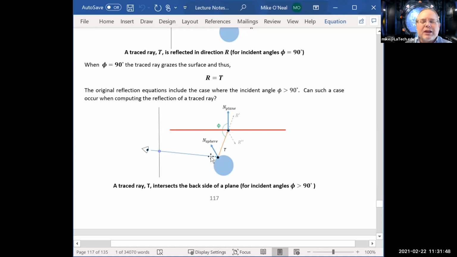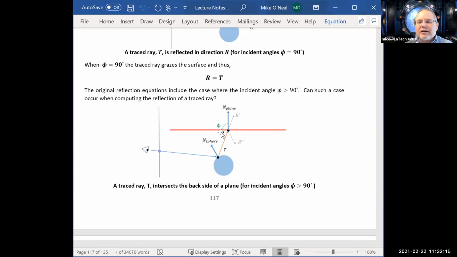It could be a reflection off a plane. It doesn't matter, but it's a reflection, right? And that reflection hits the back side of a plane. And then you have a decision to make. The decision is, are the back sides of planes going to be visible? So far, they haven't been. When we've dealt with polygons, they have a front, and if it's there, you render it, and the back is invisible.